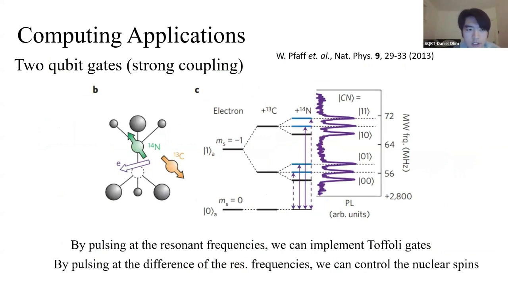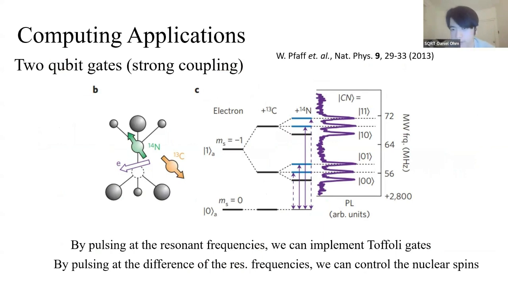So we can use this to actually create quantum computers. What we do is we exploit the nuclear spins in order to implement 2-qubit gates. So by pulsing, as you can see on the right, this is the PL spectrum of the hyperfine coupling.